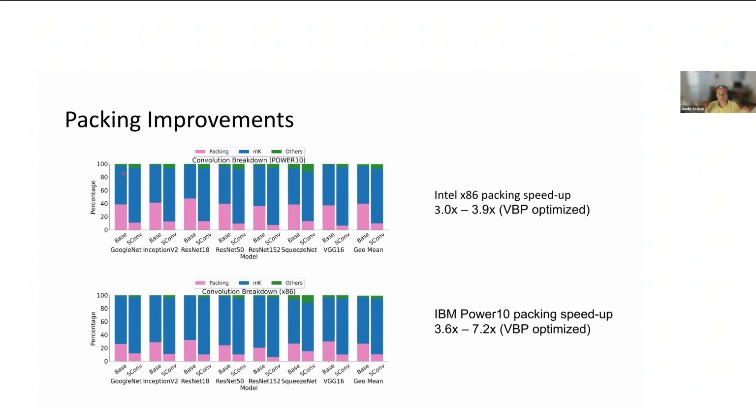That's the most important thing. You want to spend the most time of your execution on the microkernel, right? Because that's where the computation is done. So as you can notice, for the base, you have like 40%, a little bit less, on packing, because you're doing Img2col, right?